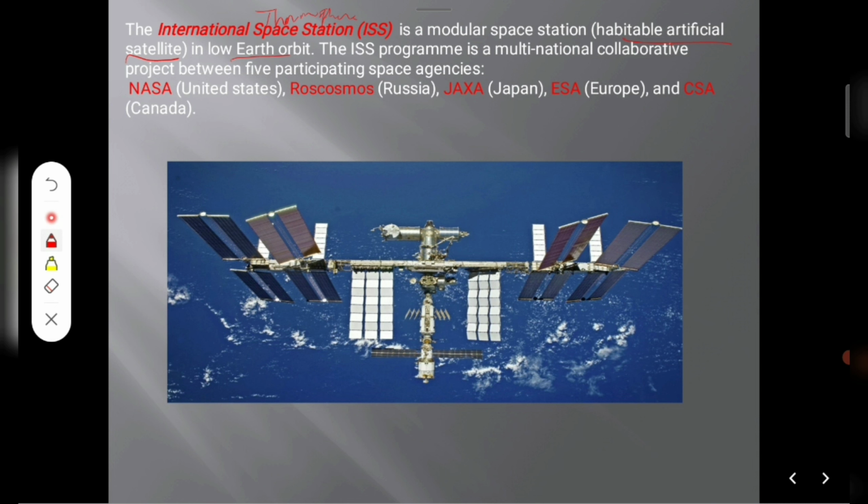The International Space Station is a joint project developed by different space agencies like NASA of the United States, Roscosmos of Russia, JAXA of Japan, ESA of Europe, and CSA of Canada. The European Space Agency is of Europe, and the Canadian Space Agency is of Canada.